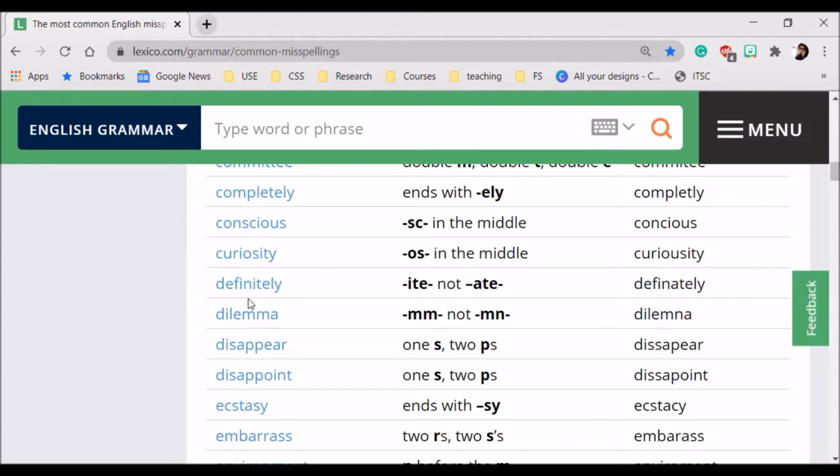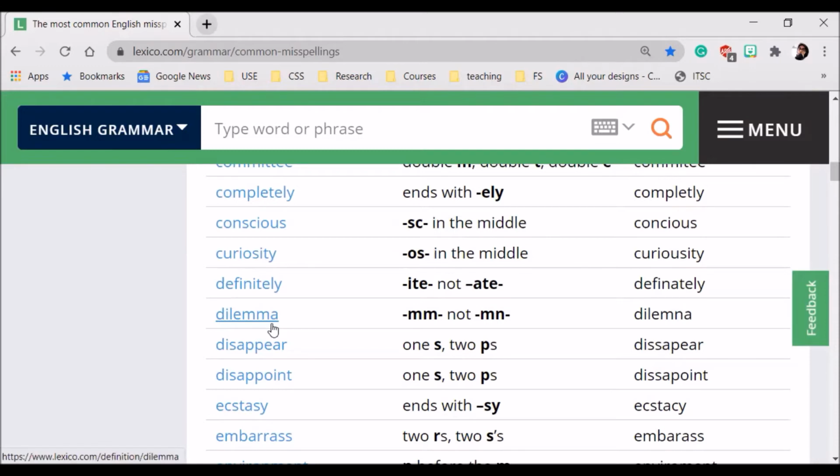Then we have definitely, and definitely should be written definitely. And we have to write ITE, not ATE. So this is again very commonly misspelled. Definitely is D, finitely. Okay, so basically when we break it down, just remember it. So you have to be careful that it is D, finitely.